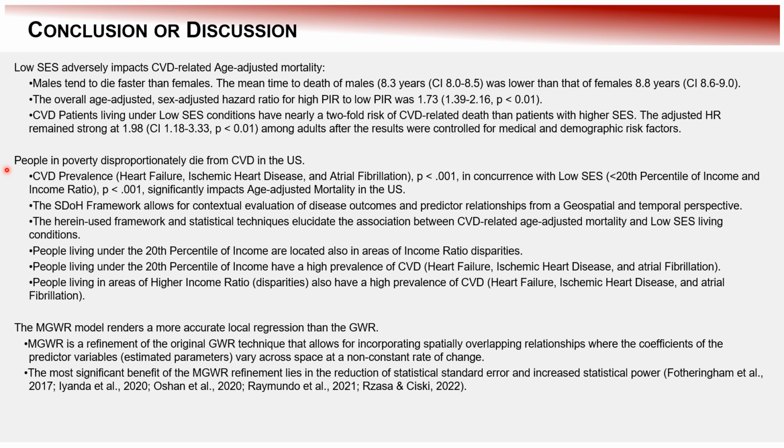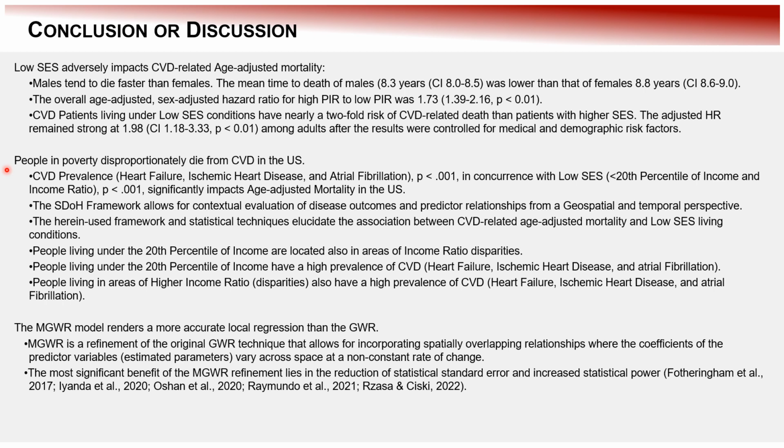People living under the 20th percentile of income are located also in areas of high income inequality. People living under the 20th percentile of income have a higher prevalence for cardiovascular diseases like the ones we evaluated in the study, right? Heart failure, ischemic heart disease, and atrial fibrillation.